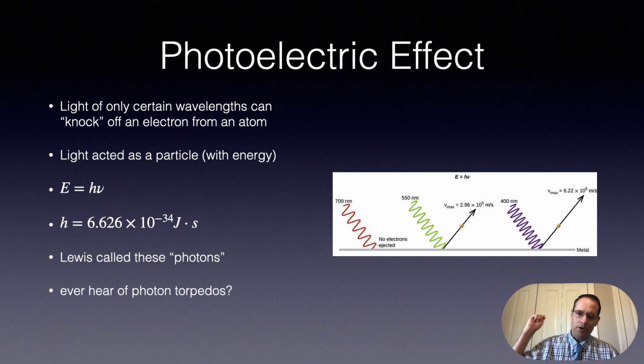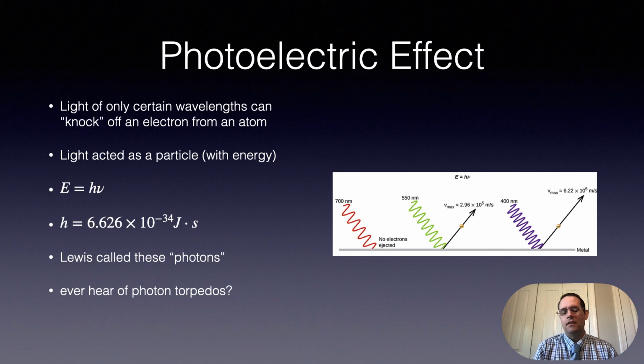It's like throwing a ball at an atom and then knocking an electron off one of the orbits. Some experiments showed light as waves, some as particles, and this clinched the idea that light has a wave-particle duality, which means that sometimes it acts as a particle, sometimes it acts as a wave.